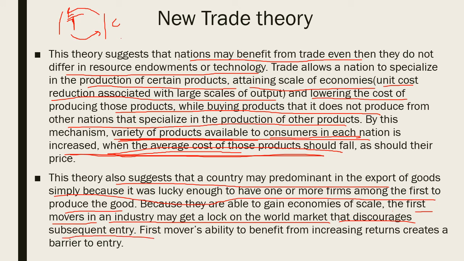This discourages other players from entering that market because they will think that Microsoft has already occupied that market, so what will we do? So first movers' ability to benefit from increasing returns creates a barrier to entry. So this is the new trade theory. The first part is the variety of products available to consumers, and the second part is the first mover thing.